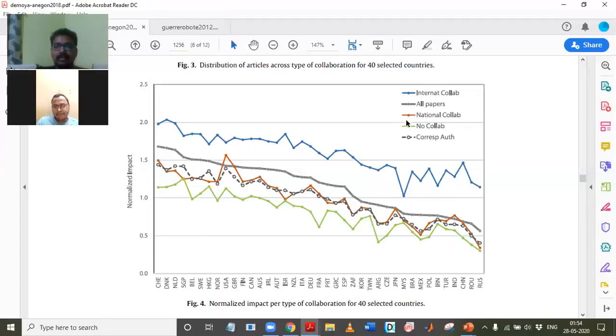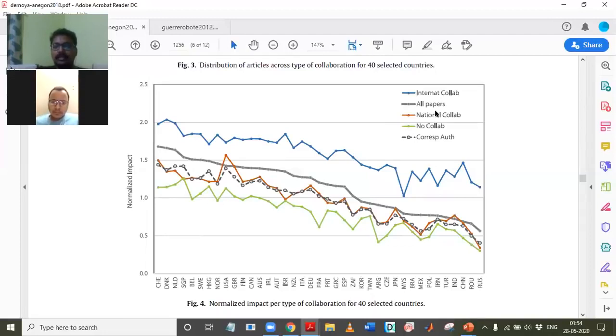In these 5 years, what they found was that if there was no collaboration, then the citation they received was the lowest. If you can see this green line, this is the line for no collaboration papers, meaning here no collaboration was done. You can see this citation is lowest in all of them.